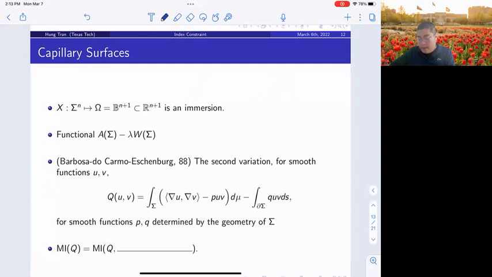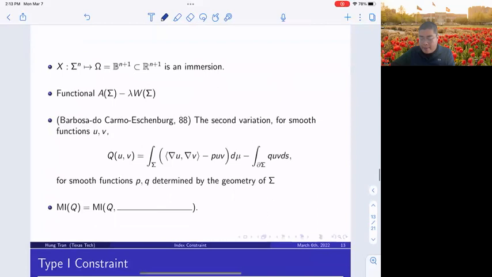So here we have the gradient of u in the inner product with the gradient of v minus P u v, integrated over the interior of sigma, and then minus another integration over the boundary of sigma, Q u v. So the functions P and Q here are determined by the geometry of sigma.